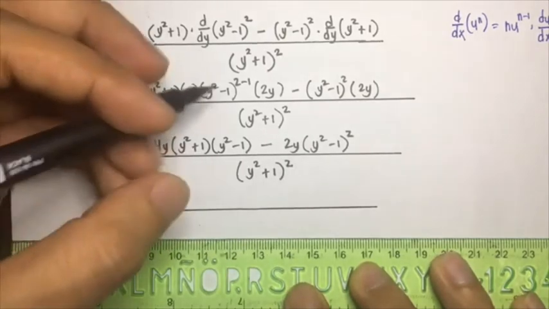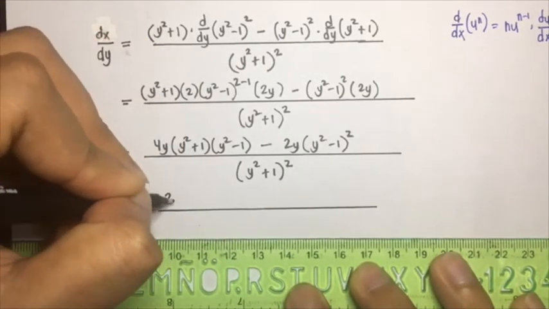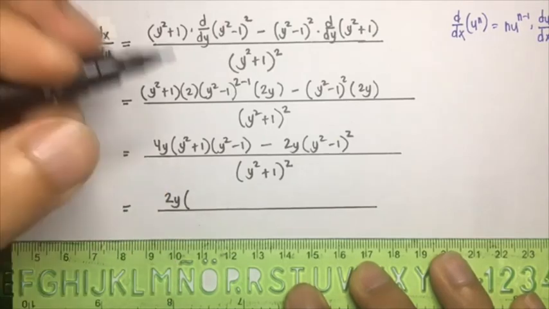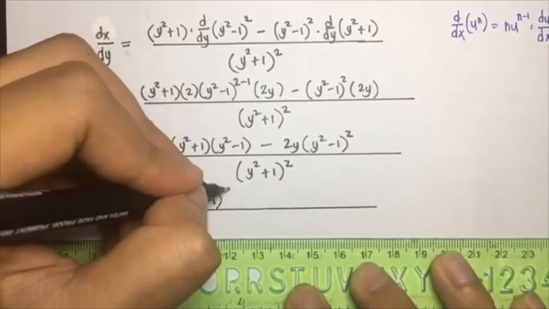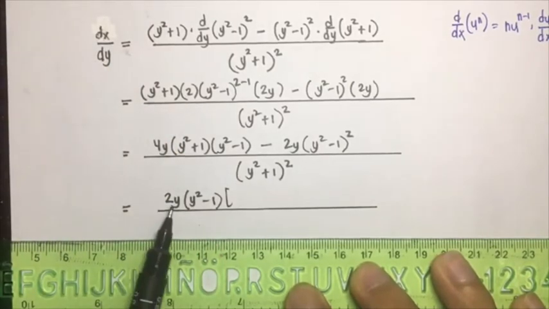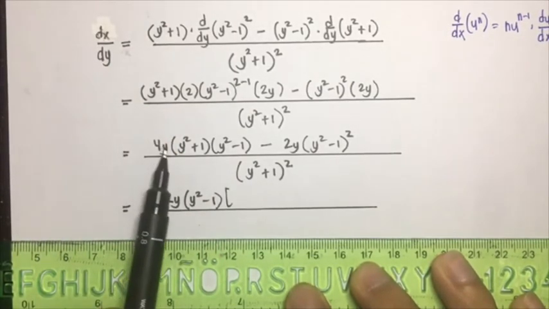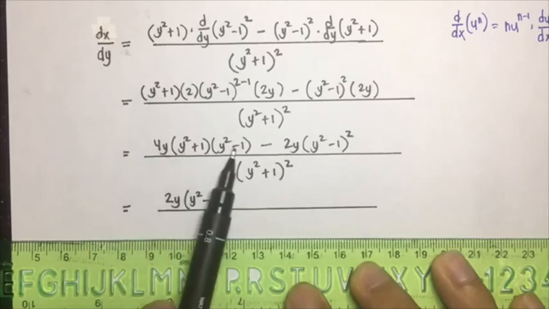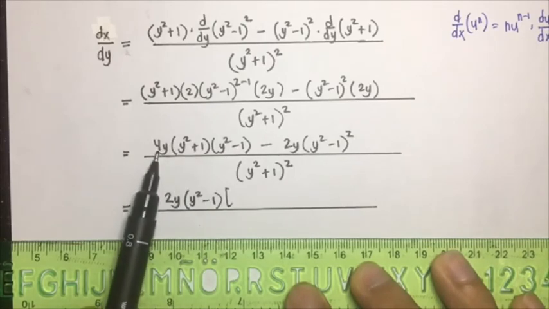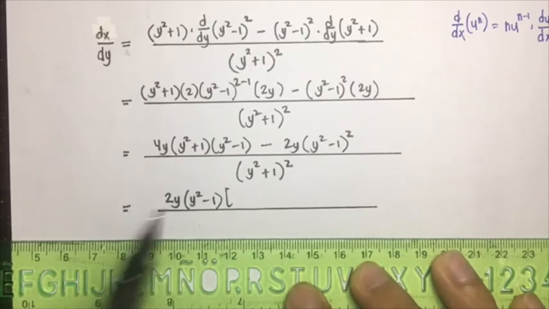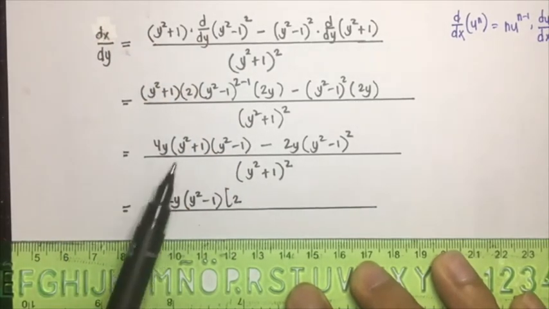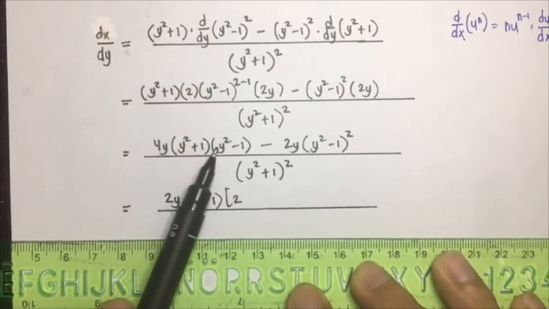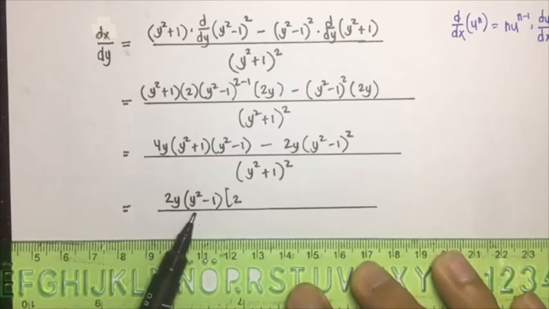Therefore the greatest common factor is 2y times y squared minus 1. If we factor this, what will remain in the first term of the numerator is 4 divided by 2, so we have 2, y divided by y, 1, and then y squared plus 1 times y squared minus 1 divided by y squared minus 1.